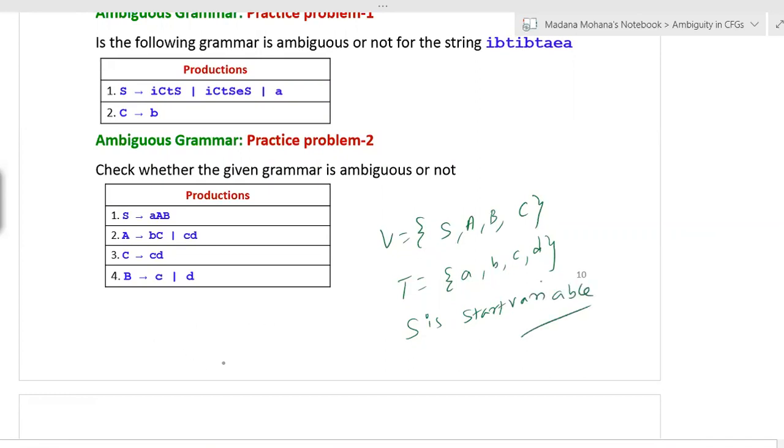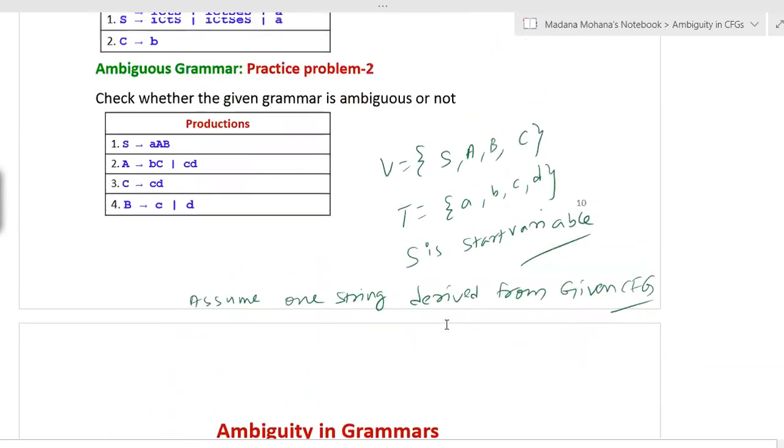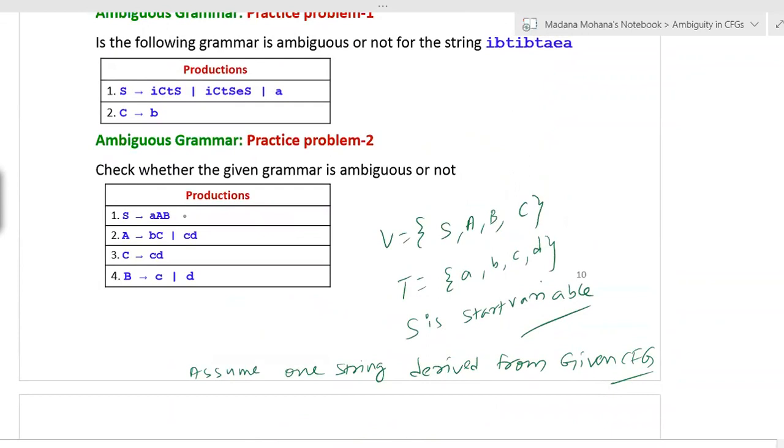Then we have to assume one string derived from the given CFG. So how to derive the string? For example, here take the S production. S derives AAB. Now in place of A, what are the possibilities you have?